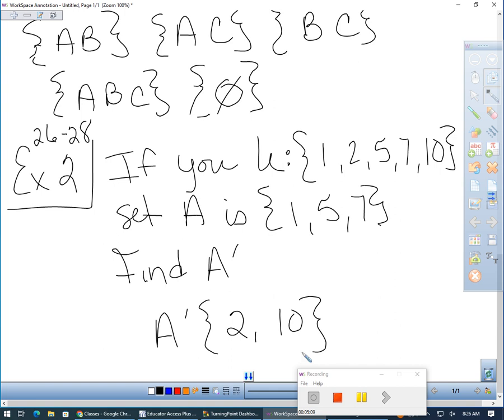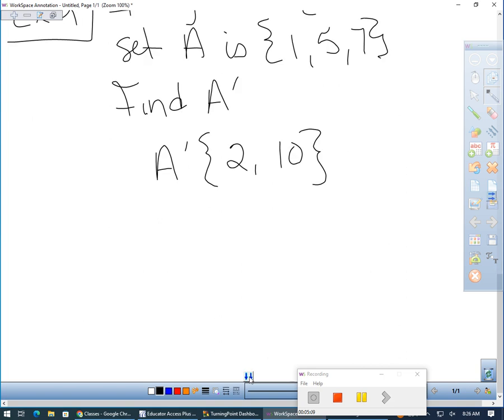Okay? We do one more example, make sure we got it. I'm just going to keep it underneath example number 2.